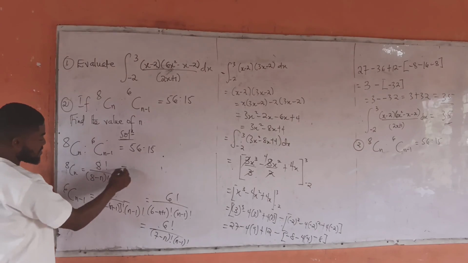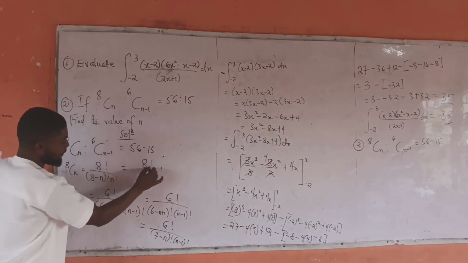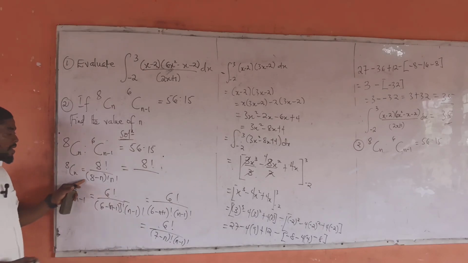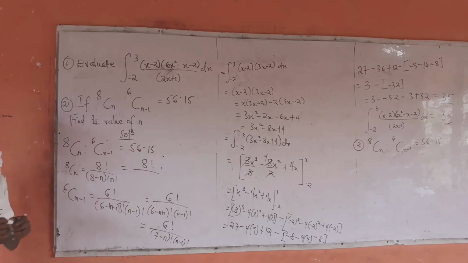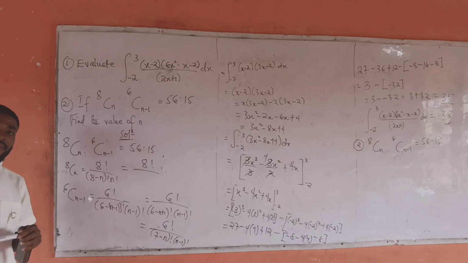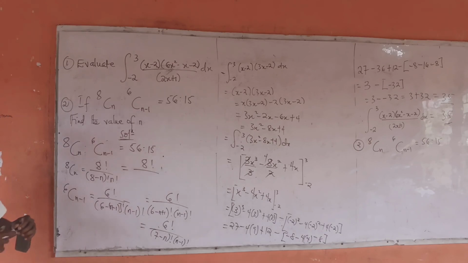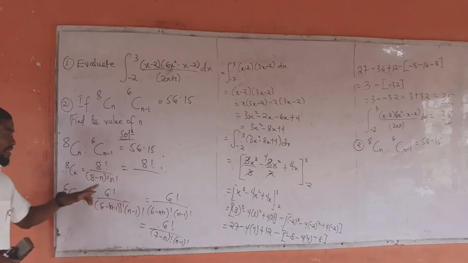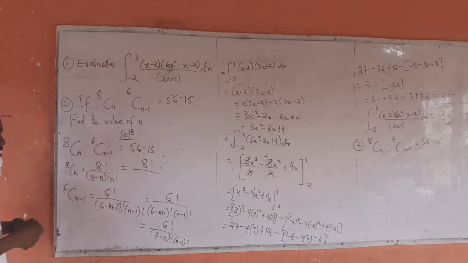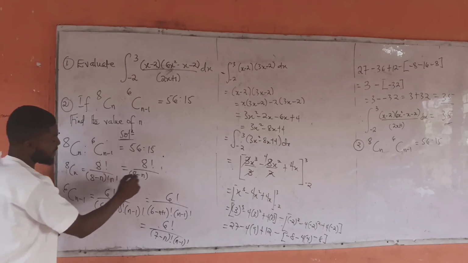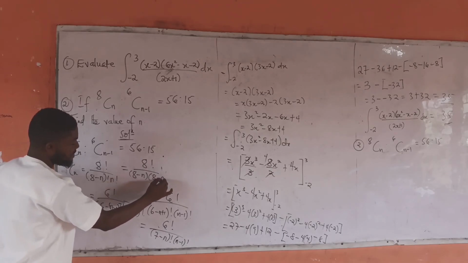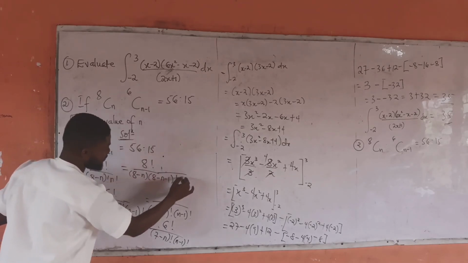Now this also is going to be the same as 8 factorial. 8 minus n factorial means we start from 8 minus n, we come down to 8 minus n minus 1, which will be 7 minus n factorial. We come down to a point that we feel like maybe something can cancel out. That is where we stop. So first of all, we have 8 minus n as the first one times (8 minus n minus 1) factorial.